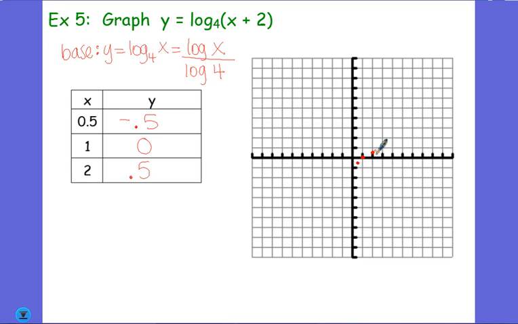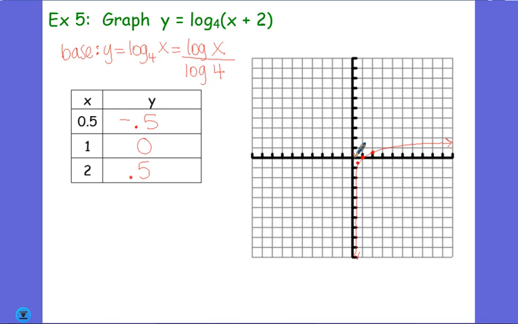So which direction are these points going? Are they going up or are they going down? These are going up. So this is where we're going to go up, up, up, up, up, up, up, connect, curve to the right. Once you connect them, you start curving to the right. And notice I didn't touch my y-axis because that's my asymptote.